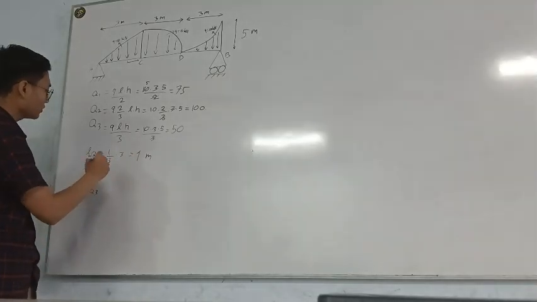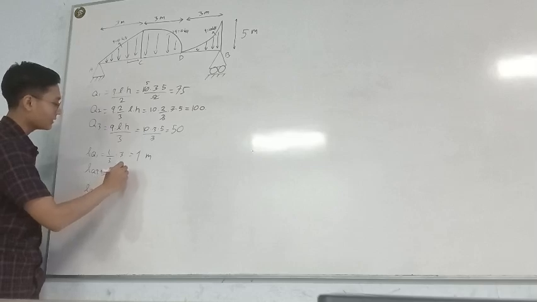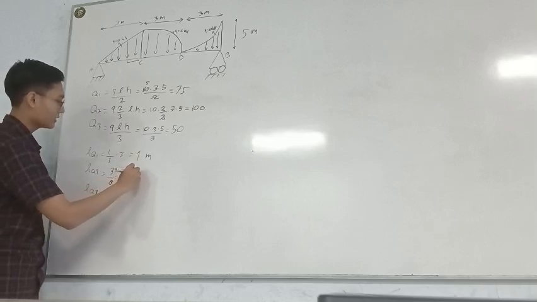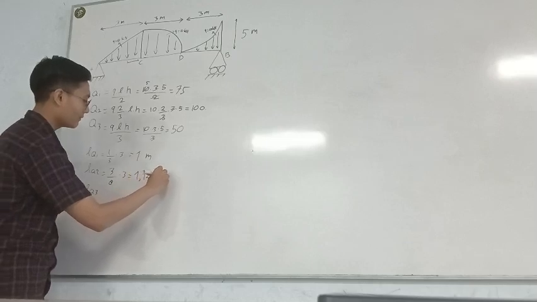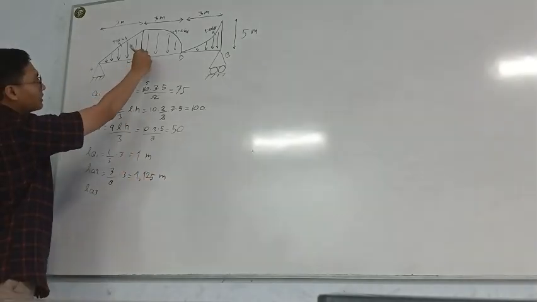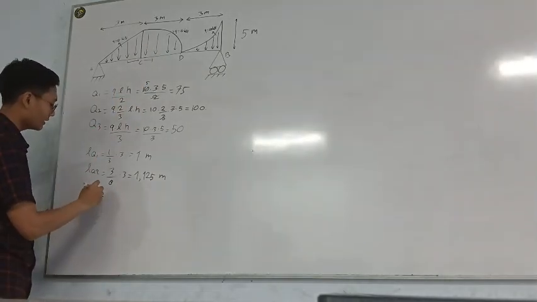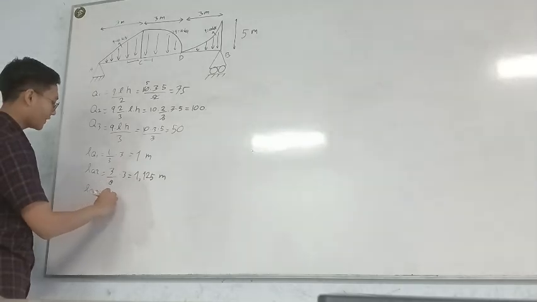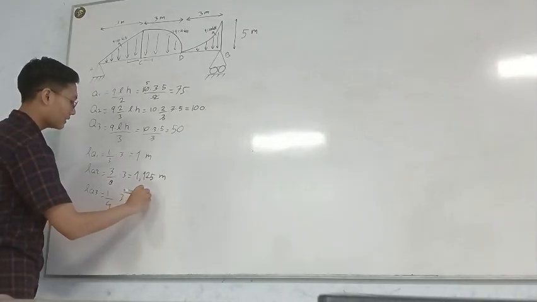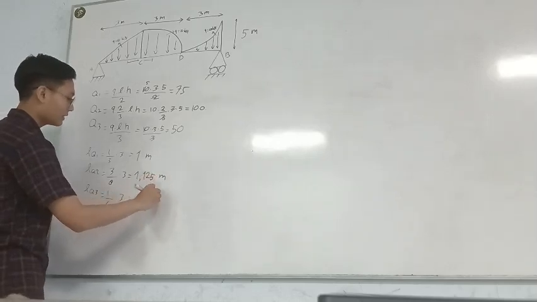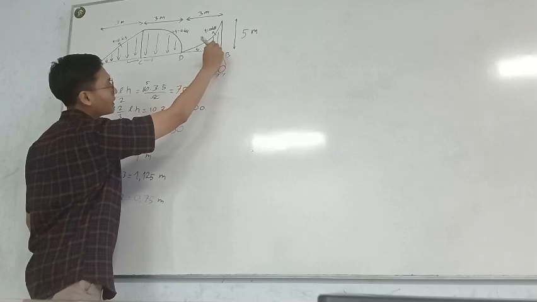And the LQ2 is 3 divided by 8 times 3, so it equals 1.125 meter from the peak. It's right here. And the LQ3 is 1 divided by 4 times 3 equals 0.75 meter from the peak, meaning from here.